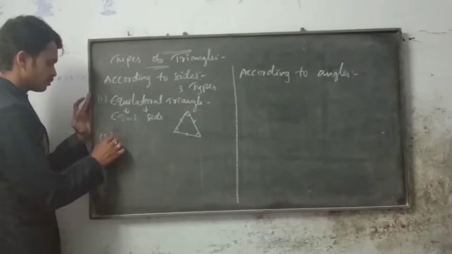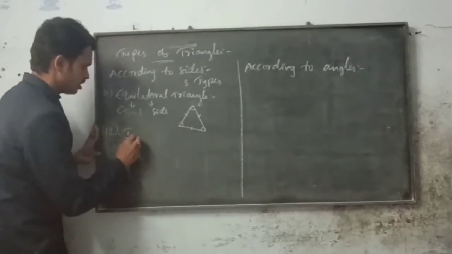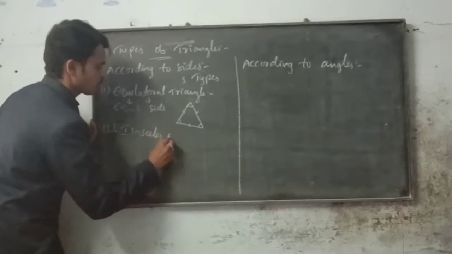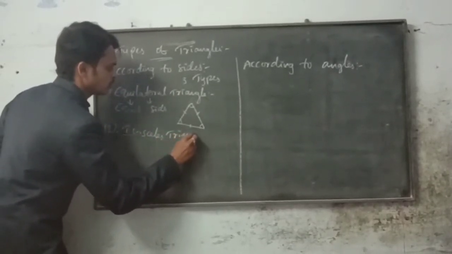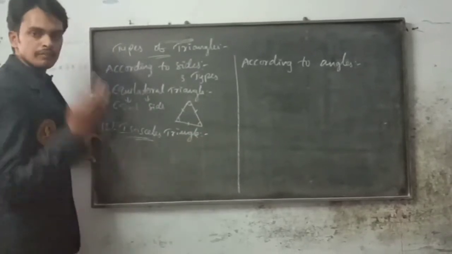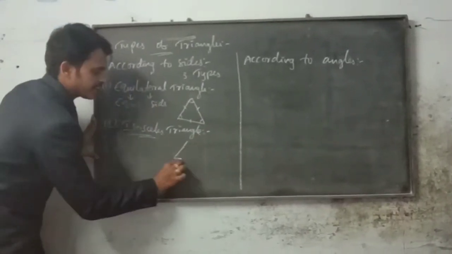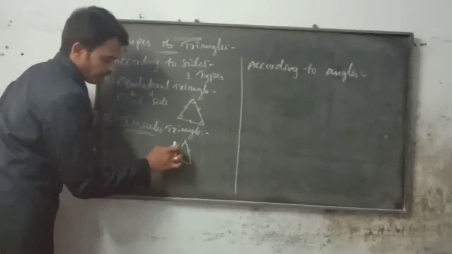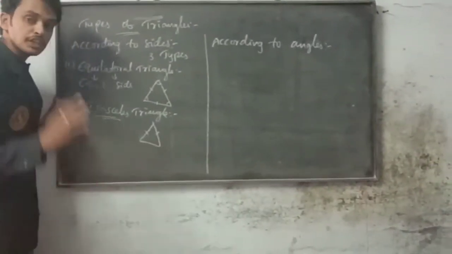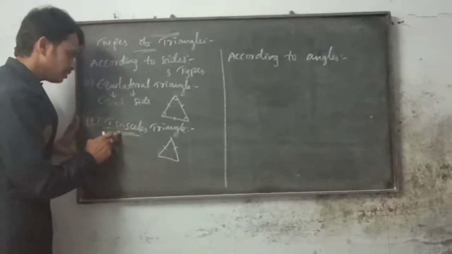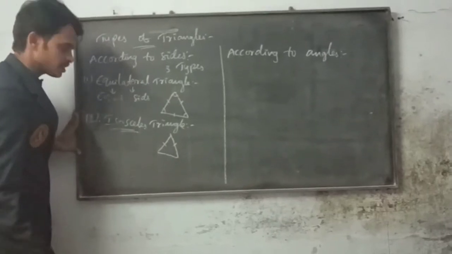Next, second one, isosceles triangle. In a triangle, any 2 sides, either these two, or these two, or these two, are equal, then the triangle is said to be an isosceles triangle.